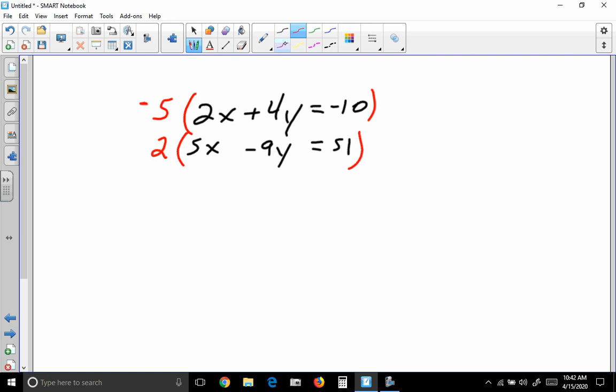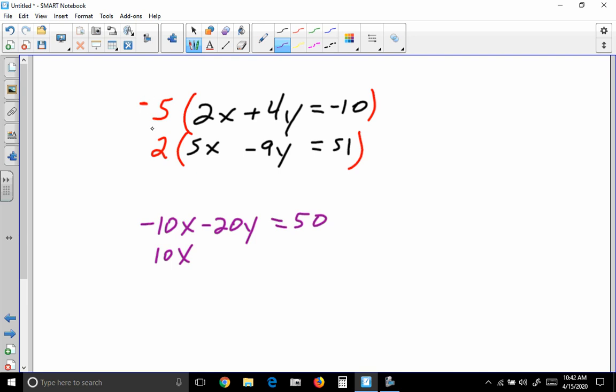So now let's distribute. So on top, -5 times 2 is a minus 10x. Minus 5 times 4 is a minus 20y. And on the other side, minus times minus is a positive 50. When we distribute on bottom, 2 times 5 is 10x. Notice these are opposites. That's why we picked one of these to be negative, so that when we distributed, one came out to be negative, one came out to be positive.